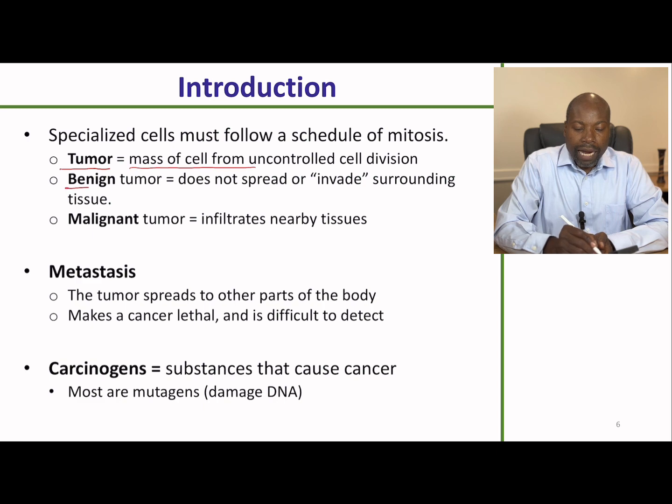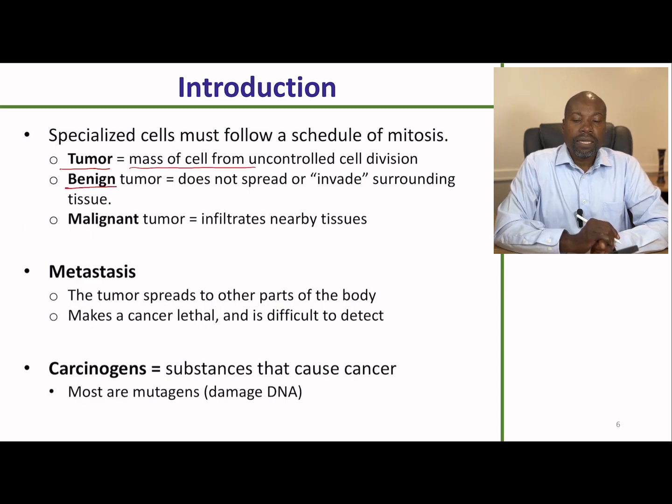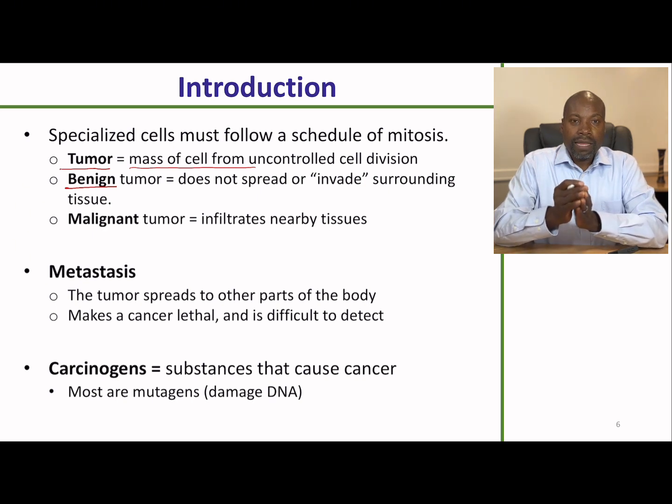We're going to have benign tumors. These benign tumors are masses of cells that grow in an area of origin and stay there. They do not invade other organs, right? They do not spread throughout the body.